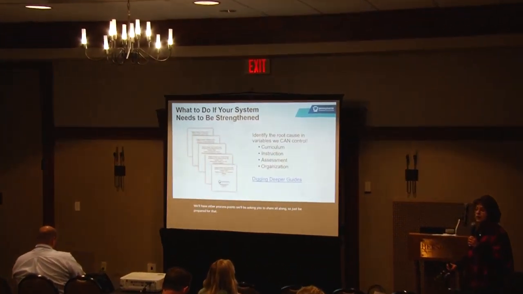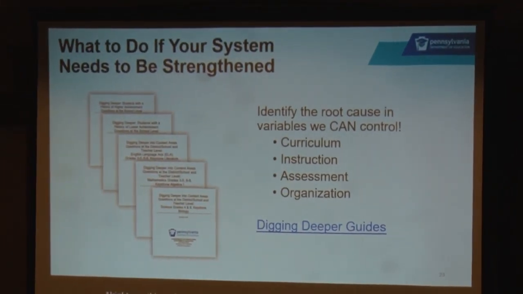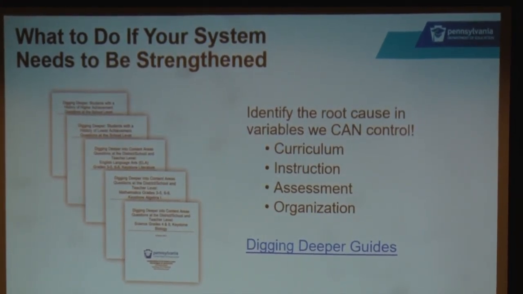All right. One thing I do want to point out is a quick resource before I hand this over to Laurie. These are called Digging Deeper guides. If you find that you have systems or programs that need to be strengthened, especially thinking about Tier 1 and core instruction, these are helpful guides to help you focus conversations on things that we can control as educators: curriculum, instruction, assessment, and how we're organized in our systems and classrooms.